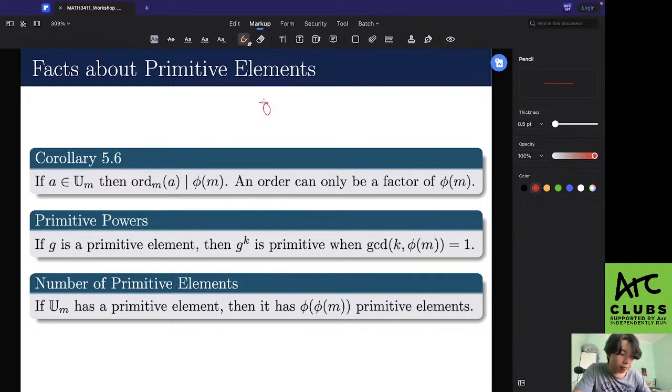Well, we know that phi of m is the number of elements such that the GCD of a number and m is equal to 1. In this case, we want to know the number of elements such that the GCD of k and phi of m is 1. So, it turns out that's just phi of phi m, because to get phi of phi m, we're just replacing that m with the phi of m.